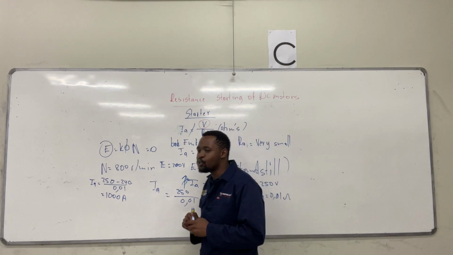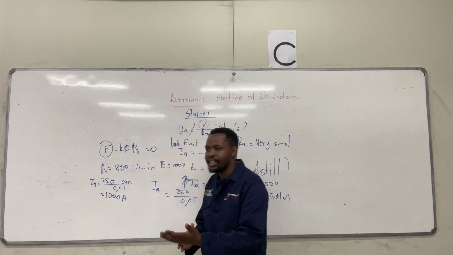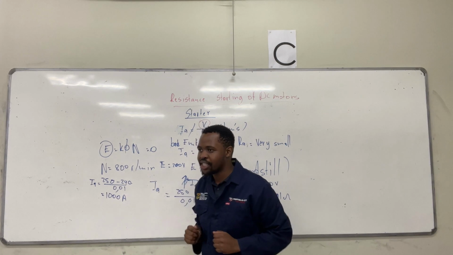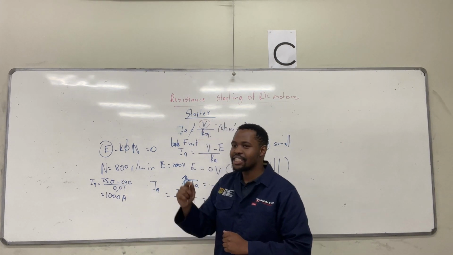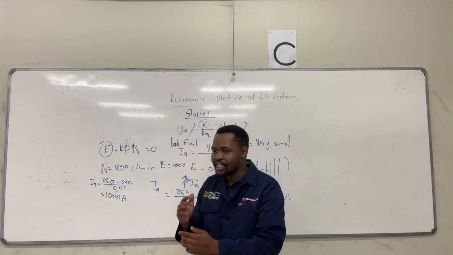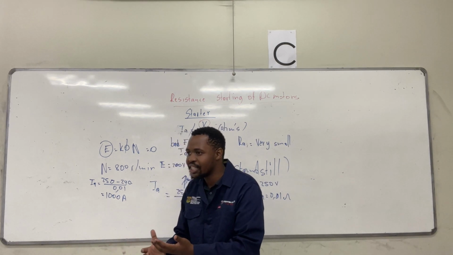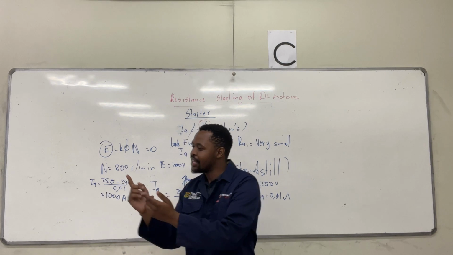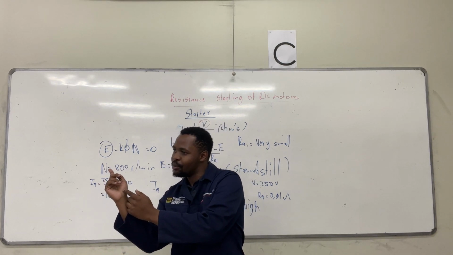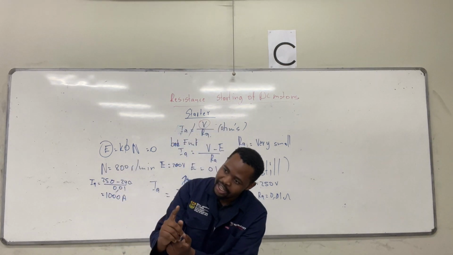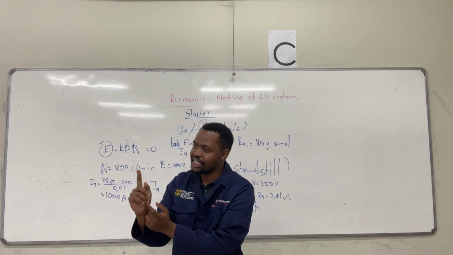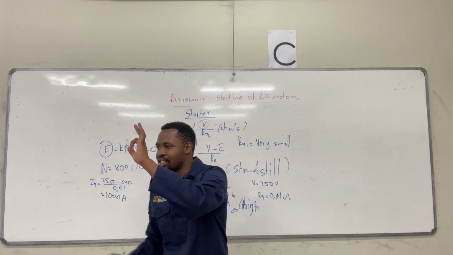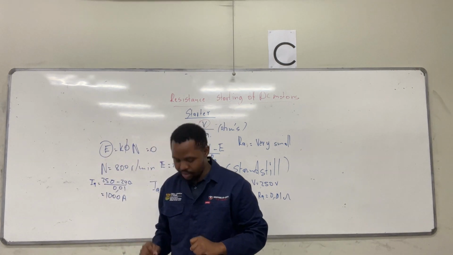So what they do is introduce resistance in the armature circuit. As the motor starts to gain speed and produce back EMF, we gradually reduce that resistance. Once we reach the operating speed of the motor, we reduce the starting resistance to zero.